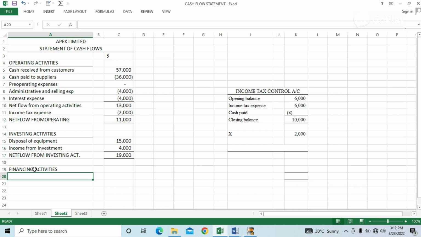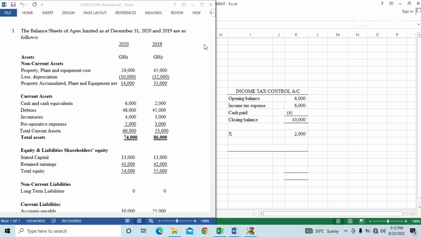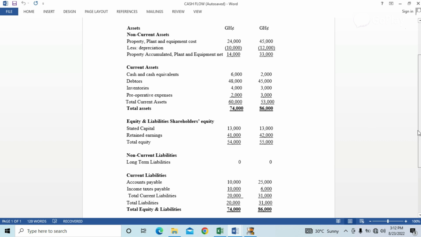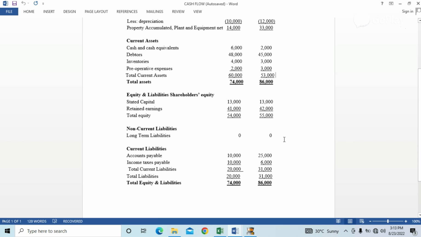So under the financing activities, has the organization paid loan or have they taken extra loan? How will we know? We will look at our balance sheet. If the firm has taken extra loan, we will know. So let's look at our long-term liabilities for the financing activities. Okay, non-current liabilities. Okay, 0 for 2019 and then 0 for 2020.